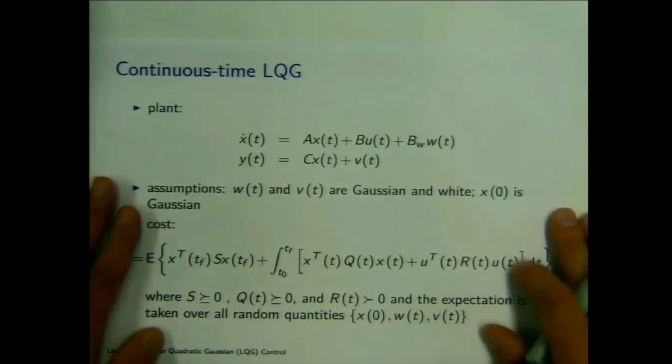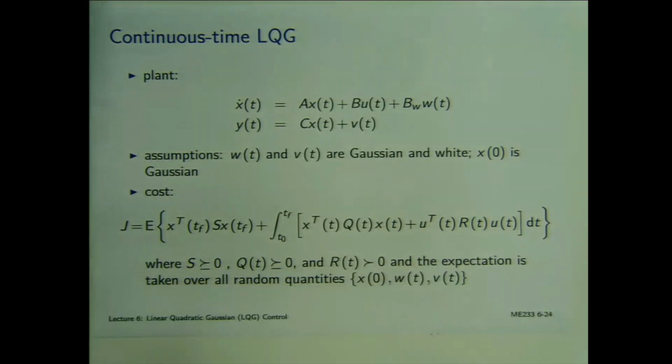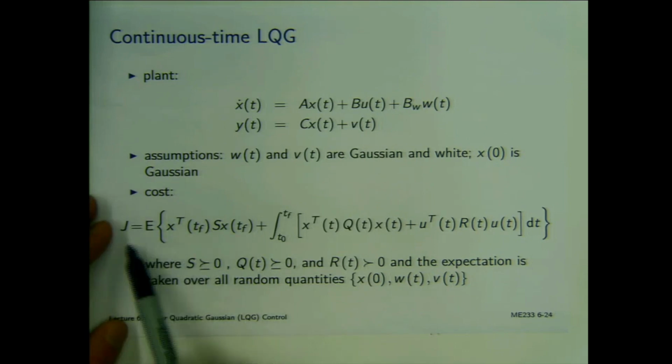A quick summary of the continuous time LQG problem is that everything, the LQ problem here and the Kalman filter problem here, is exactly the same as the continuous time Kalman filter and continuous time LQ. This is just the combined version of these two concepts together. And the cost is like this.